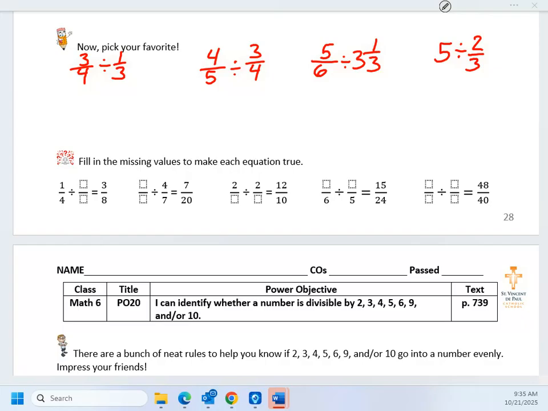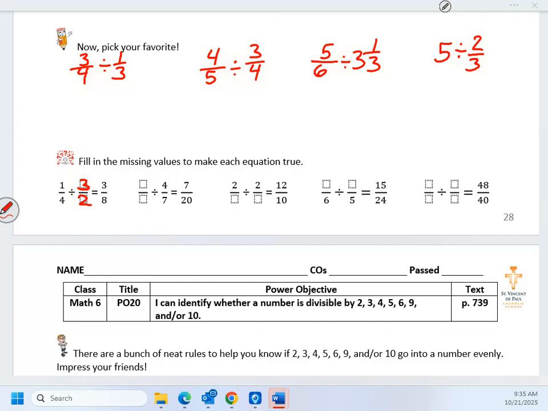So in order, Michael, put those down, it's not STEM class. To look at that, I'm going to think to myself, what do I multiply by to get 3/8 as my answer? So what would I multiply 1 by to get to 3? Jack? 3. What do I multiply 4 by to get to 8? Fernando? 2.